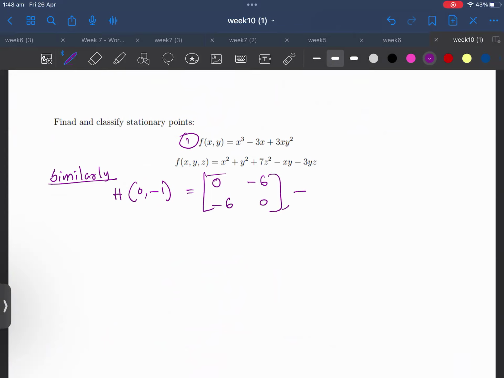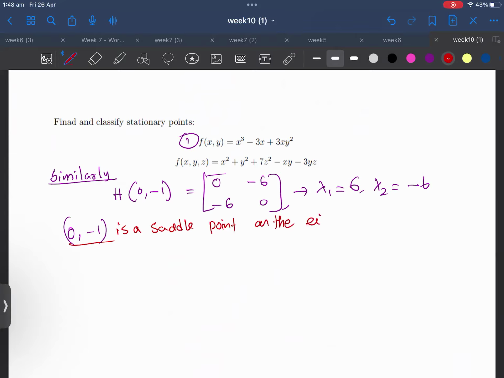So here lambda 1 is 6 and lambda 2 is minus 6. So 0 minus 1 is a saddle point as the eigenvalues have different sign.